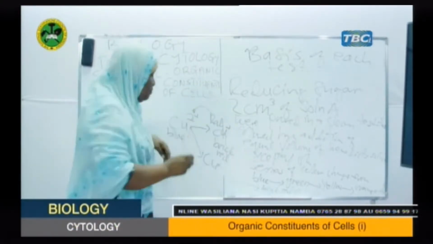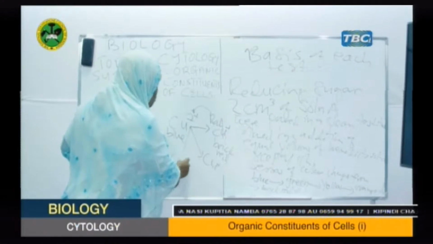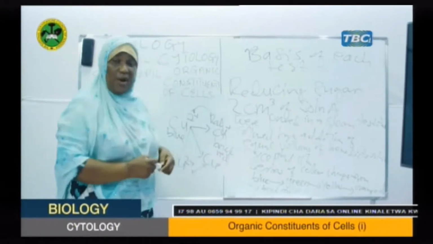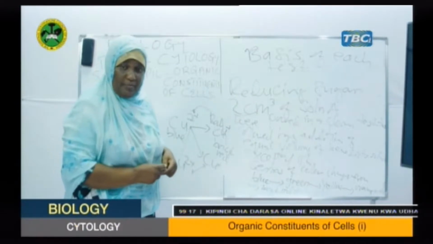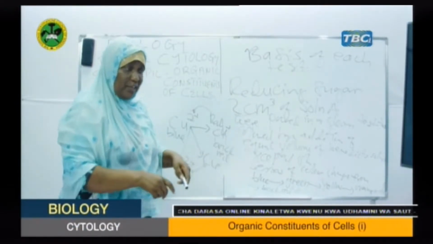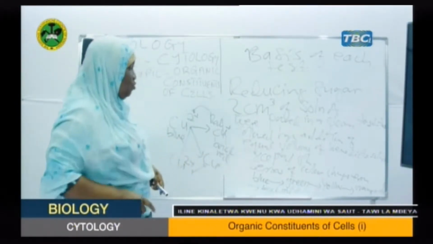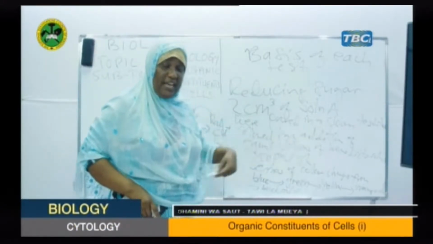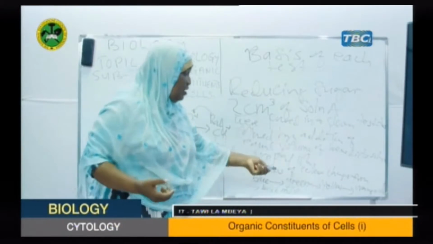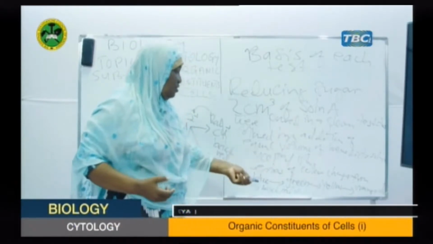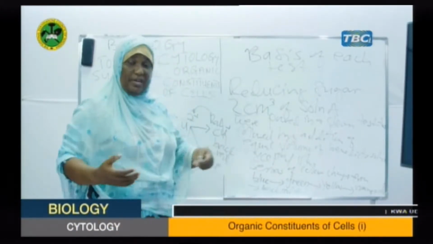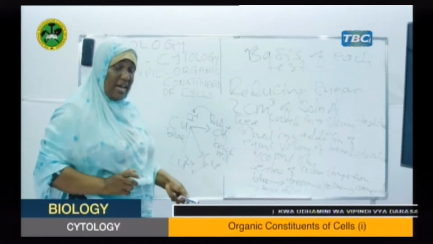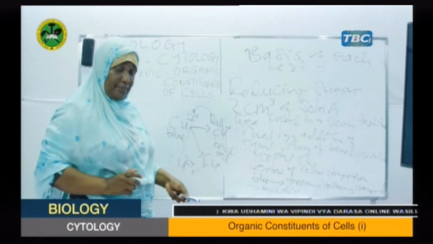So you will have a mixture of copper 2 ions and copper 1 ions in your solution. This mixture makes you get the intermediate colors. You may get either yellow or orange depending on the concentration of it. So that is the essence behind. Clear?